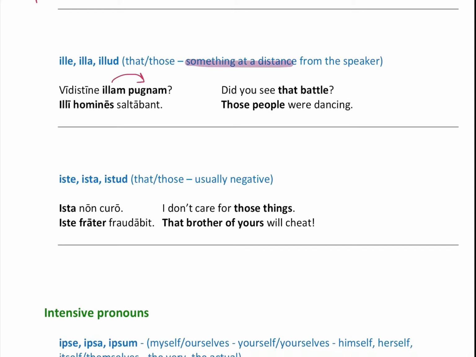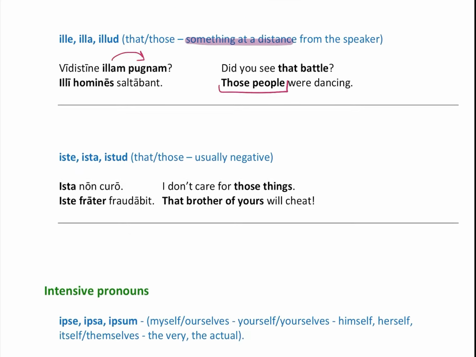So in the second one, illi homines saltabant. Those people were dancing. Now we don't actually have to have homines. We could put it in there and it means those people, but we could also take homines out and it would still mean those people. So sometimes remember they can act as a pronoun by themselves, and if it was just illi saltabant, it would act as a pronoun. If it's got homines in it, it acts as an adjective.